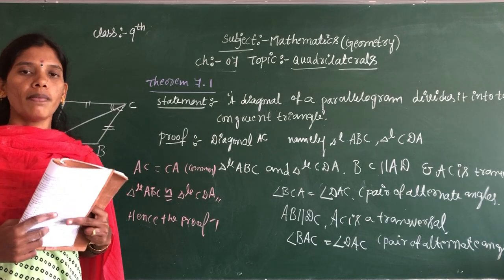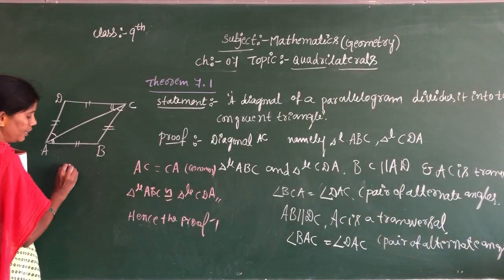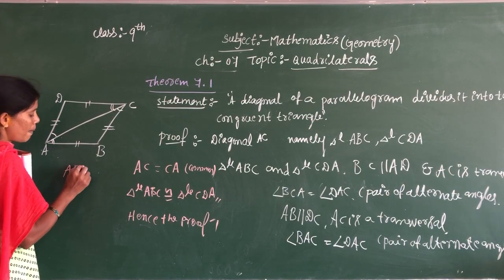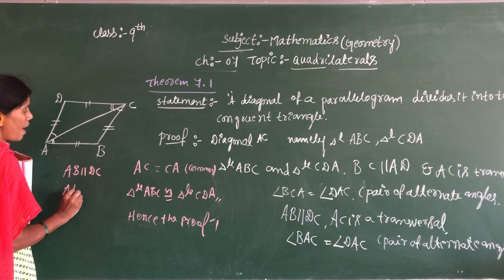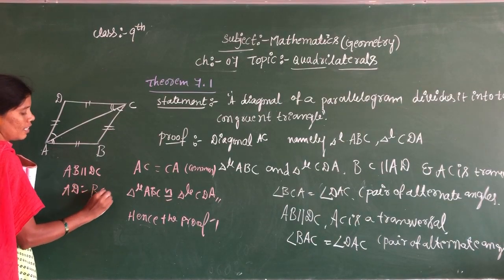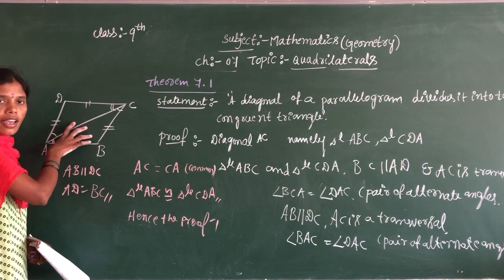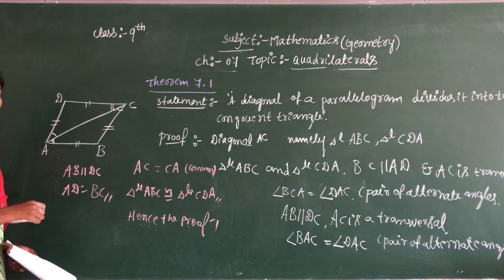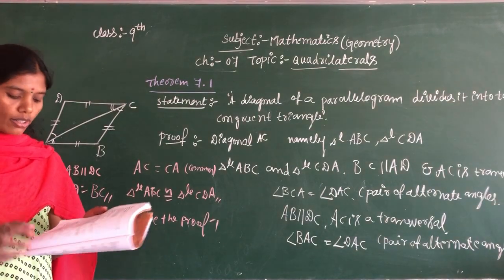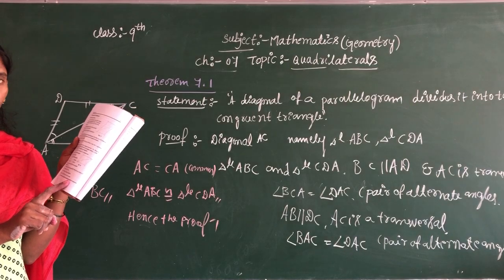quadrilateral parallelogram. Opposite sides means AB parallel to DC and AD parallel to BC. Okay, this is one of the parallelograms. Yes, children, this is one of the parallelograms. In a pair, opposite sides are equal. That one is that in a parallelogram, opposite sides are equal.